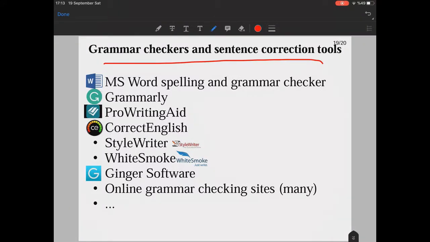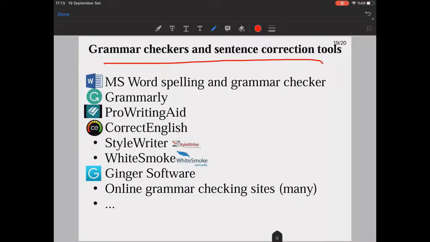But even if you have some good tools, I strongly suggest you have a native speaker read your paper for a while so that he can make a better correction than those grammar checker software, I think. Again, you can use Word's spelling and grammar checker.